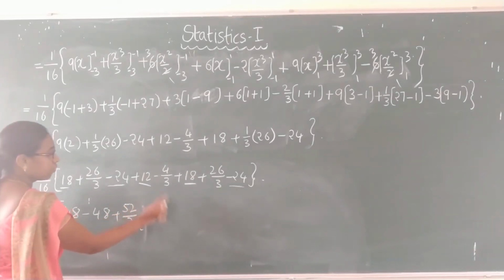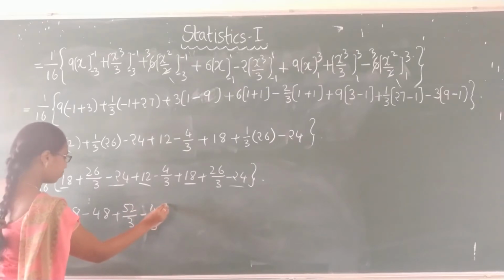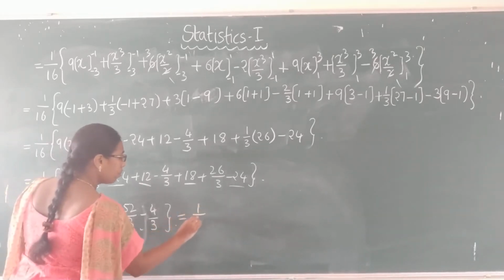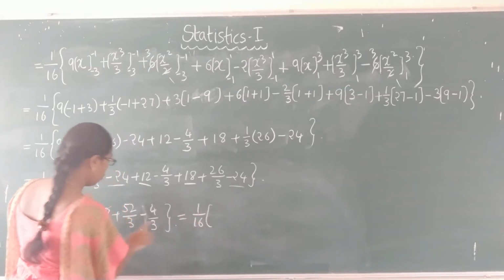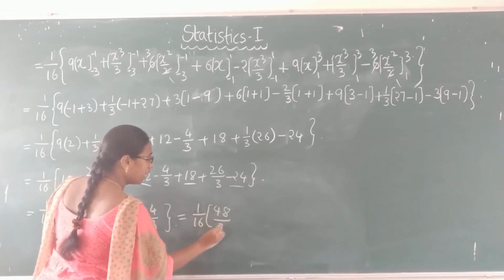Minus, we have minus 4 by 3. So plus 48 minus 48 gets cancelled. 52 by 3 minus 4 by 3 is nothing but 48 by 3. This equals 1 by 16 into 52 minus 4 is 48 by 3.